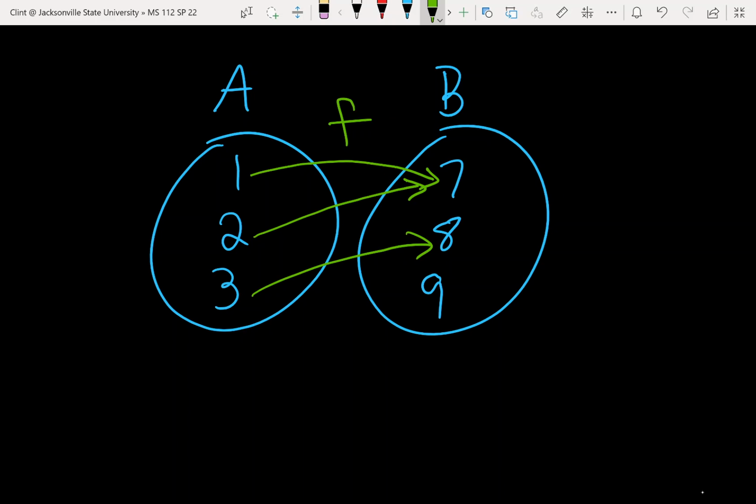But that's okay because 1 goes to 7, so that's exactly one place. 2 goes to 7, that's exactly one place. 3 goes to 8, that's exactly one place. So we're okay there. That one would still be a function. So here f is a function.